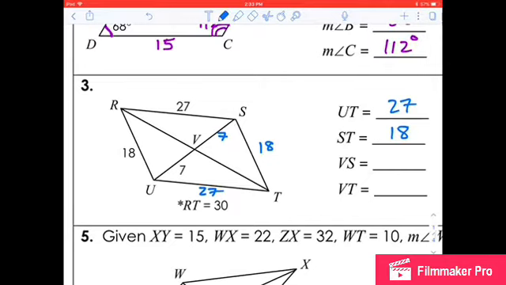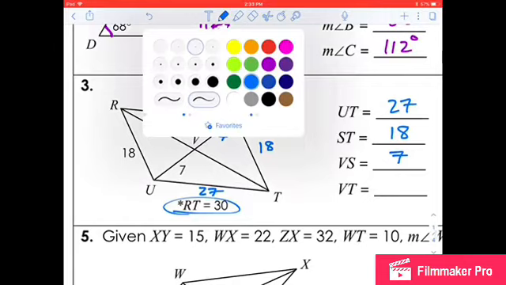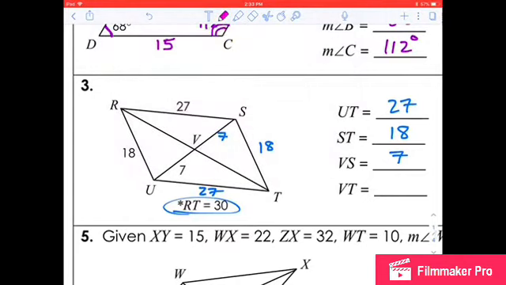So if VU is 7, then VS is also 7. And then VT, it says RT, the whole thing, is 30. So this whole thing here is 30, which means if you split it in half, it would be 15 and 15. So VT would be 15.